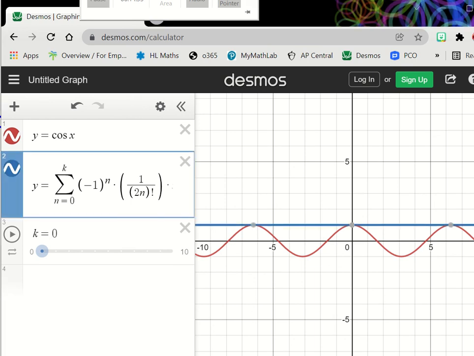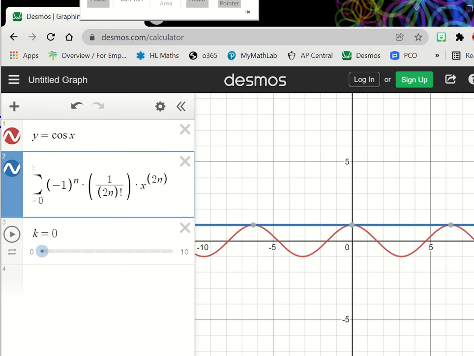I might have to scroll a little bit here, so you're getting the sum from n equals 0 to k, because we decided we would have to start with a 0th term, of -1 to the n times 1 over 2n quantity factorial times x to the 2n power. So that's what we came up with.